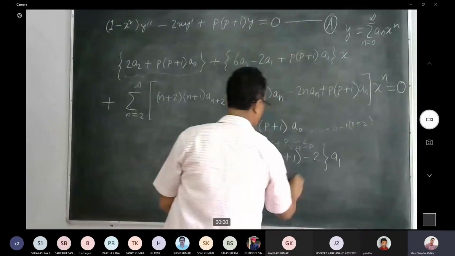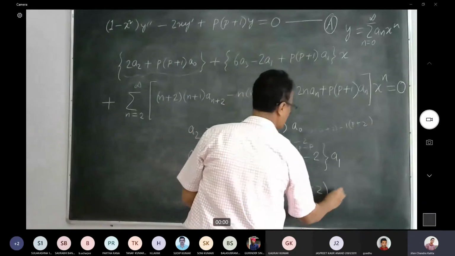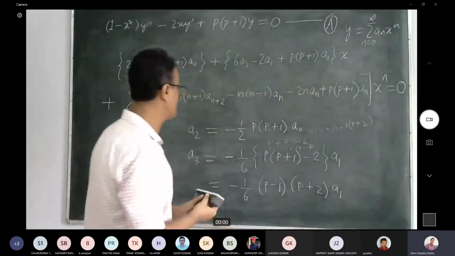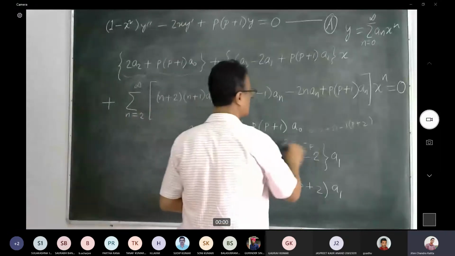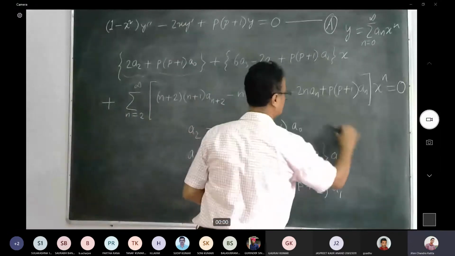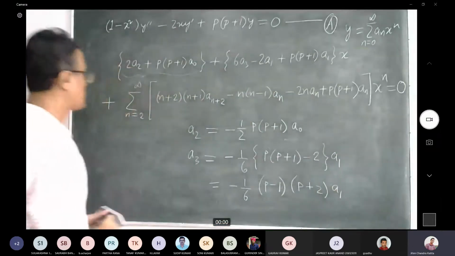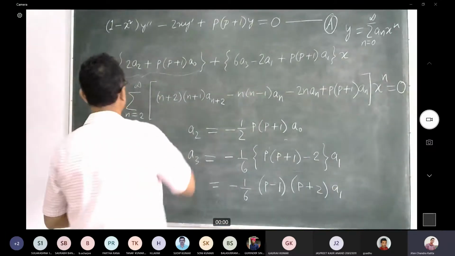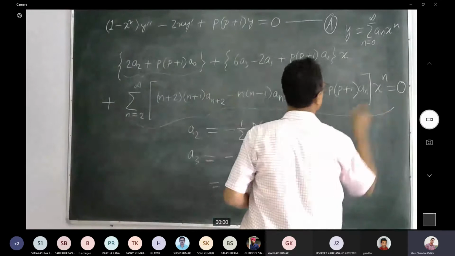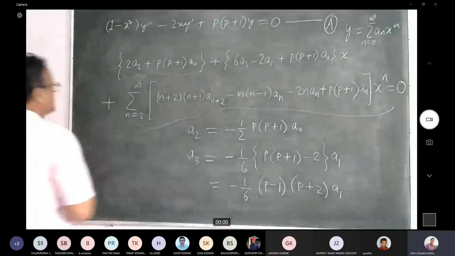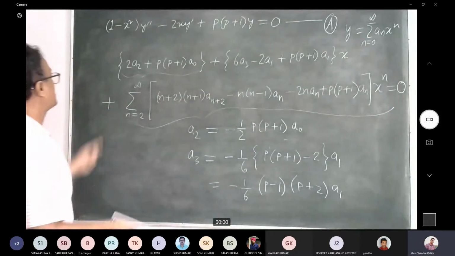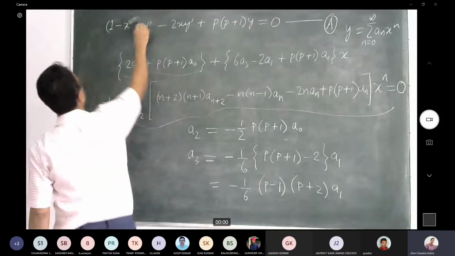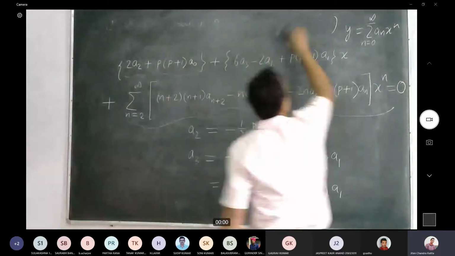So basically, yeah, I'm fine. p plus 2 a1. Is it okay with everybody? Fine. So this is going to give me this, and then let me check this equation now. This equation is going to be valid for n greater than or equal to 2.